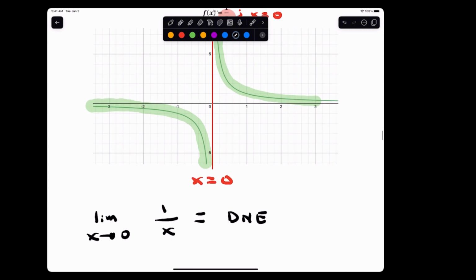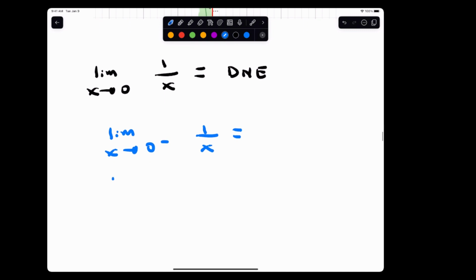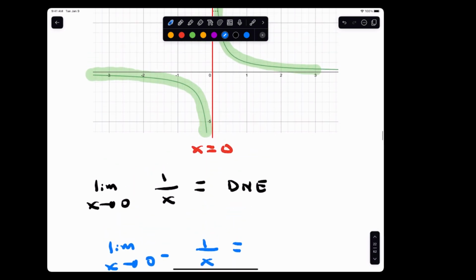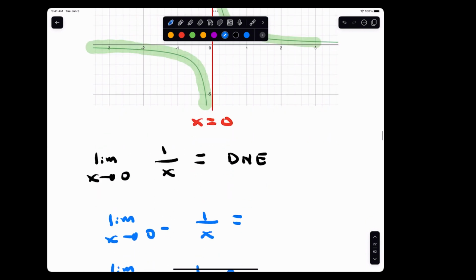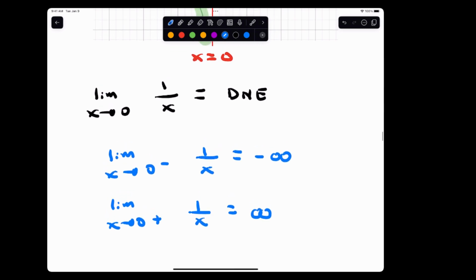They are not equal. What do I mean? What's the limit as x goes to 0 from the left? And what's the limit as x goes to 0 from the right, ladies and gentlemen? What are those two limits? Negative infinity for the left-handed limit and positive infinity for the right-handed limit.